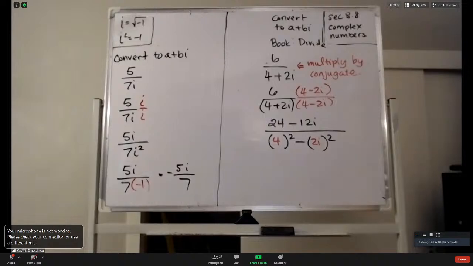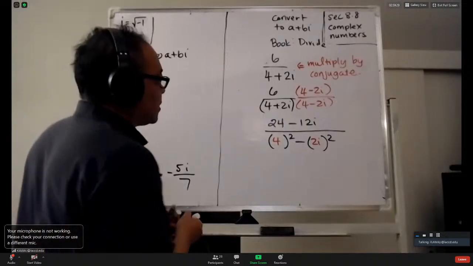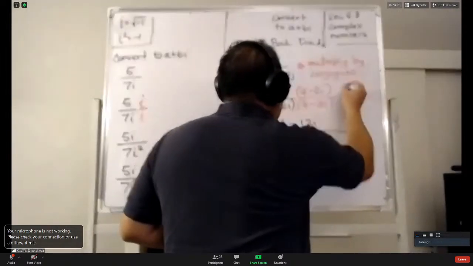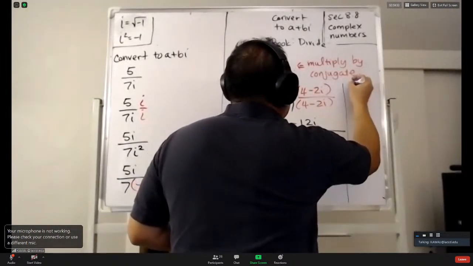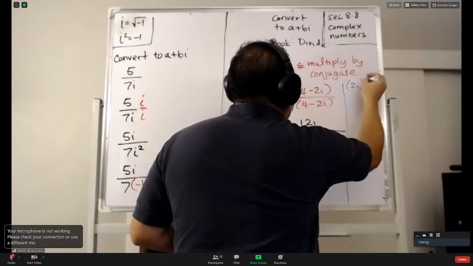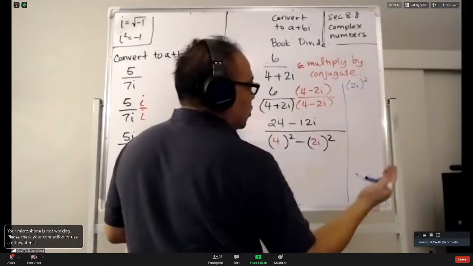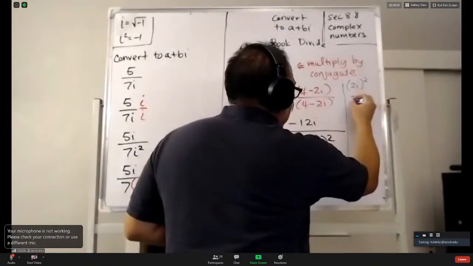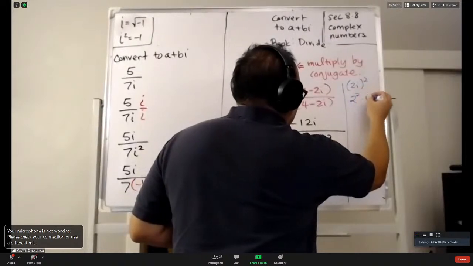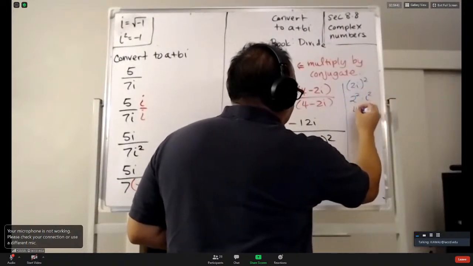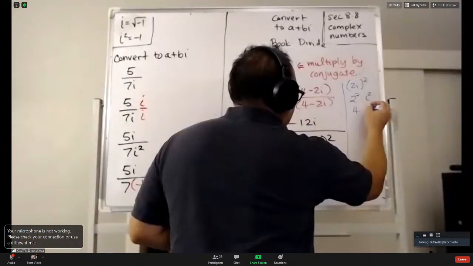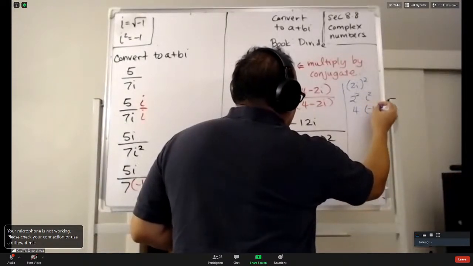So let's look at what this 2i squared looks like. When I have this 2i squared, there's a multiplication between the 2 and the i. So you get 2 squared times i squared. So you get 4 times -1.